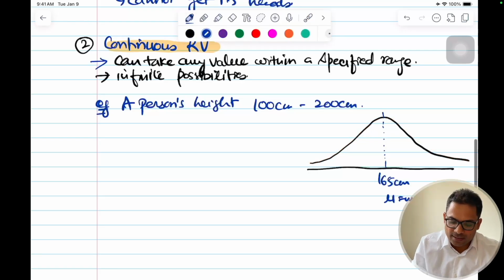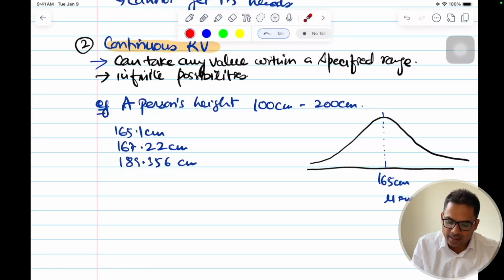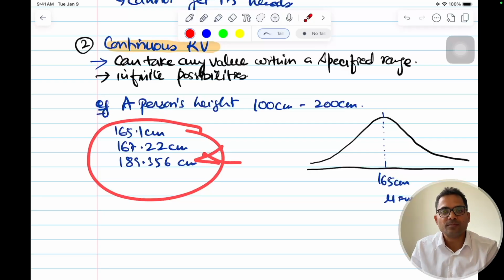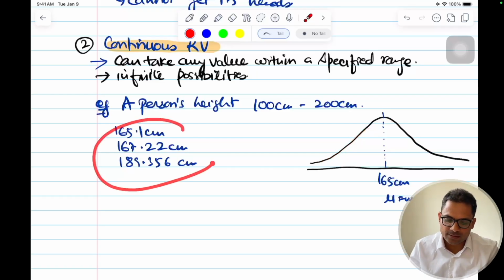The height can be anything, like 165.1 centimeters, or 167.22 centimeters, or 189.356 centimeters. It can have any value, an infinite number of values in any range, because this is continuous. That's what a continuous random variable means.